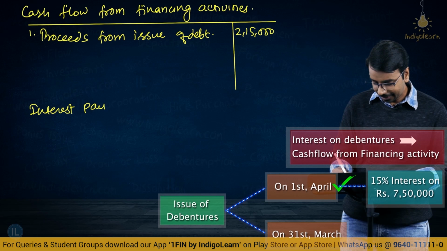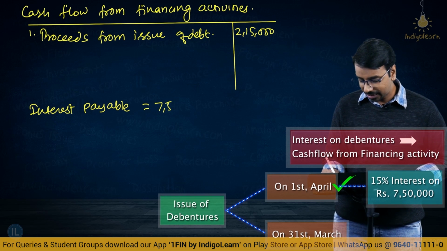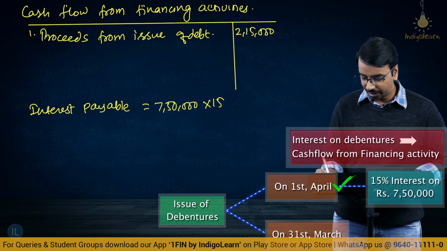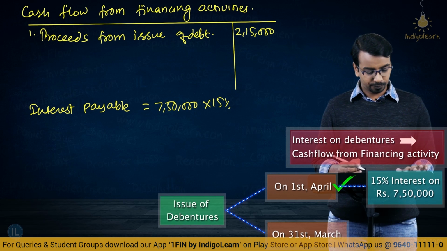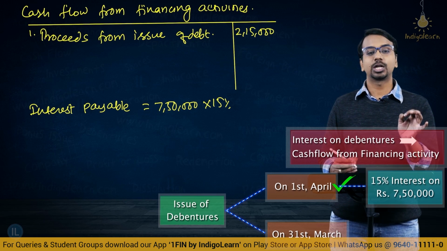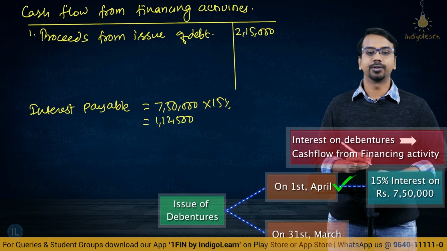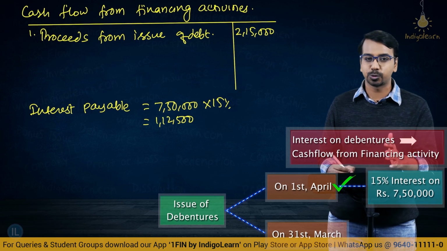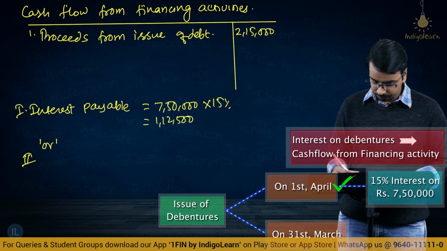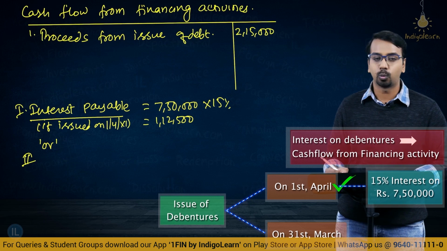So interest payable is equal to the face value of debentures, 7,50,000, multiplied by 15%. How much is that? 750 into 15%, you get 1,12,500. This is the first case, if issued on 1st April of year 1.